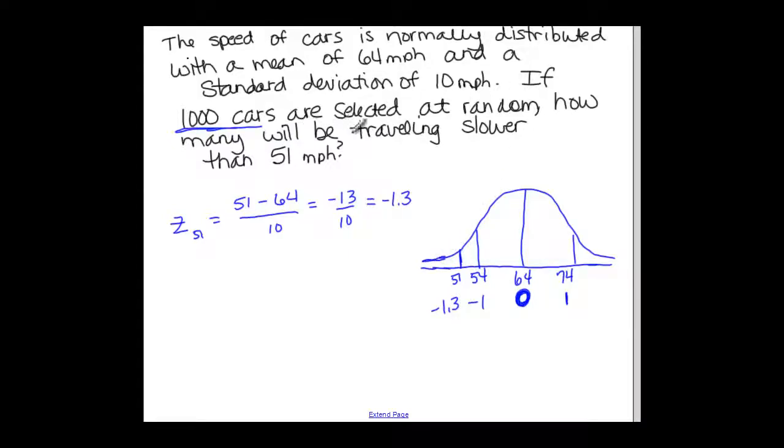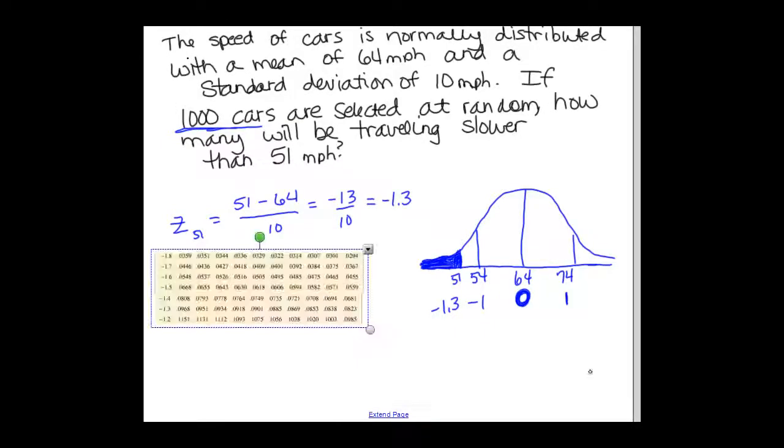So we're looking for how many cars are slower than that. We're going to find here first the percentage of area under the curve, and then we can find the number that they're looking for. So we want to find on our table the area under the curve to the left of negative 1.3.